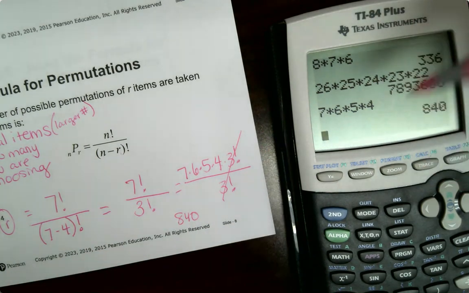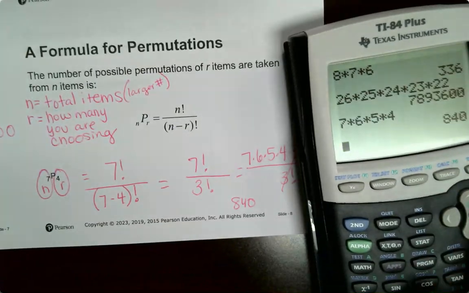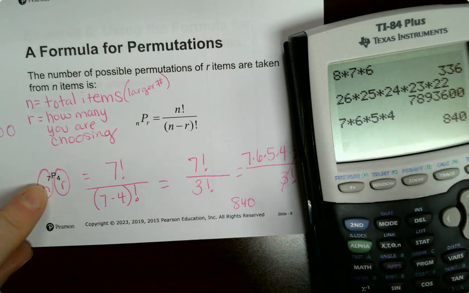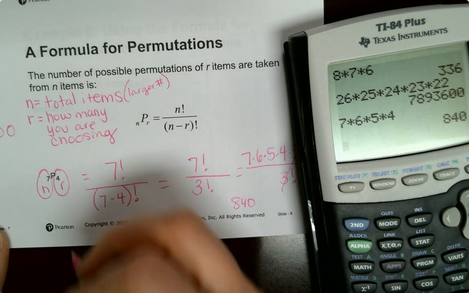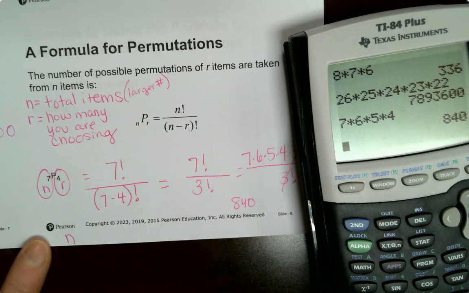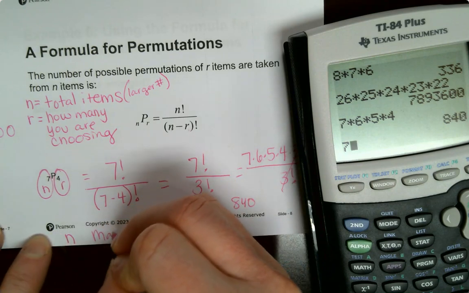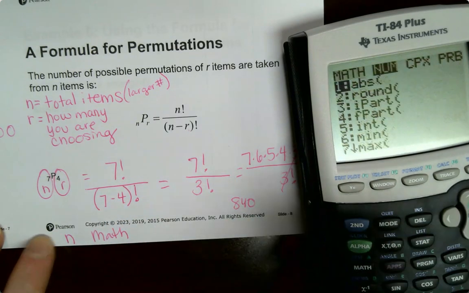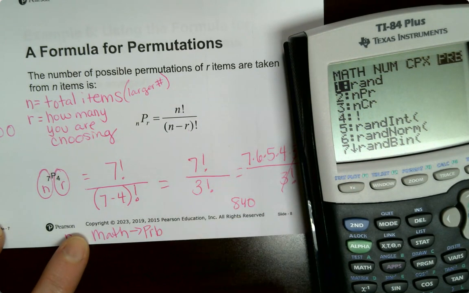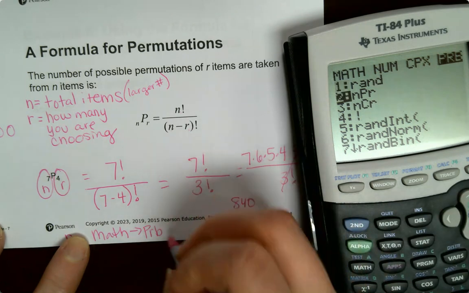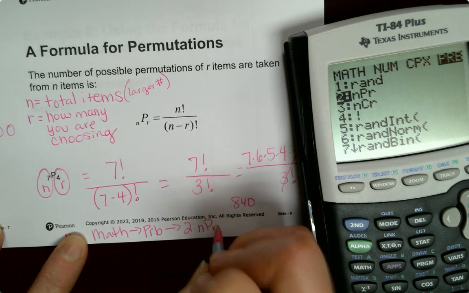In the menu that we had, where the factorial was, there's actually a permutation formula in there. So you have to put in your number first. So let's say it's 7. Then you're going to go to math, over to probability, and down to number 2, NPR.